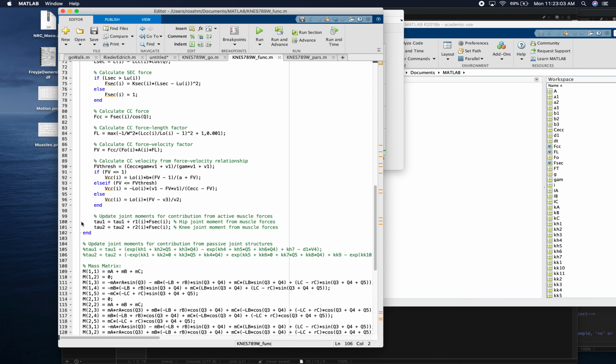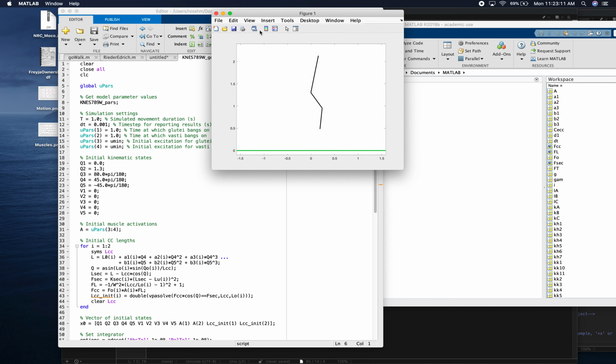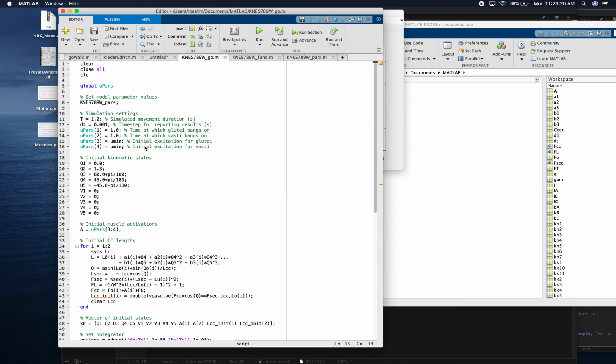Now, let's turn my passive contributions on and run it and see what we get. And now my knee stops before hyperextension. Now let's turn my muscle bang-on times to be within the simulation time here, so that at 0.8 seconds I'm going to extend my hip as hard as I can and extend my knee as hard as I can.